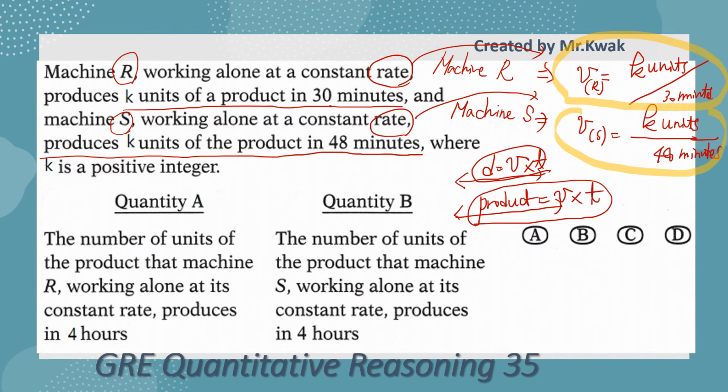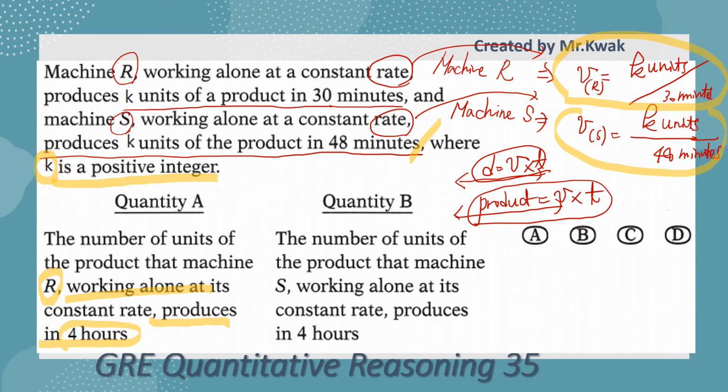Did you get it? Yes, right. And after that, let's think about the next part, where K is a positive integer. And we can compare quantity A and quantity B. First of all, quantity A: the number of units of product that machine R, working alone at its constant rate, produces in 4 hours.